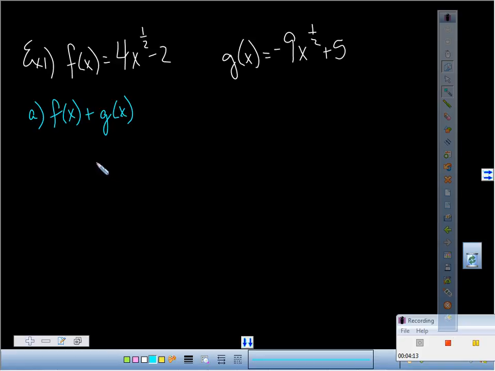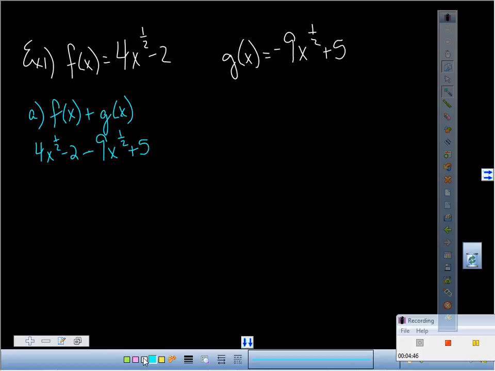Now this is not hard, guys. All that means we're going to do is what? You're just going to add these 2 functions together. So f of x is 4x to the 1/2 minus 2 plus g of x is negative, oh, when you have plus a negative, what is it? It's minus, guys. Don't put plus a negative. 9x to the 1/2 plus 5.